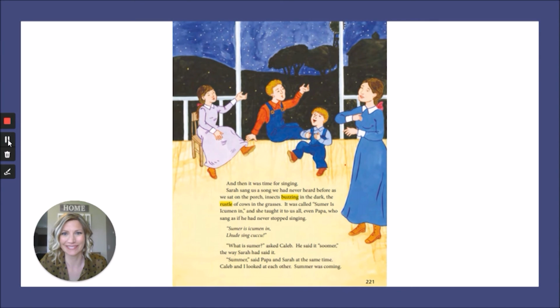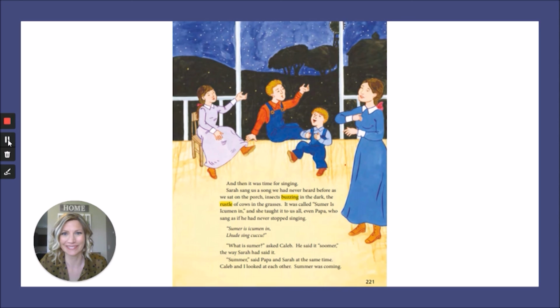And then it was time for singing. Sarah sang us a song we had never heard before as we sat on the porch, insects buzzing in the dark and the rustle of the cows in the grasses. It was called Sumer Is a Coomin' In, and she taught it to us all, even Papa, who sang as if he had never stopped singing. Sumer is a coomin' in, lutes and cuckoo.